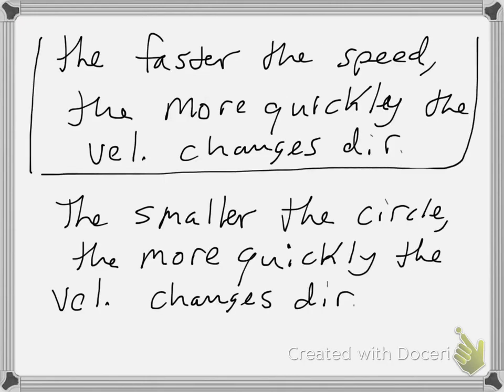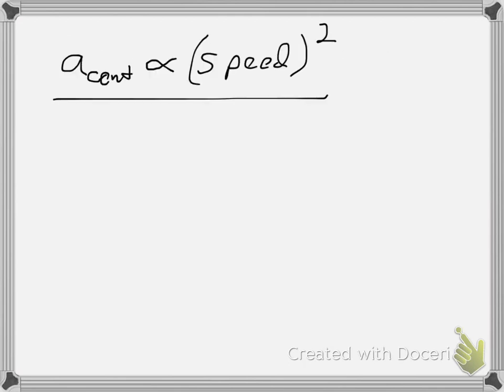That the faster the speed, the more quickly the velocity changes direction, or the higher the acceleration. So the faster the speed, well, the speed's always positive, so the square of that's always going to be positive. So the larger this number is, the larger the centripetal acceleration will be as well. So it's actually proportional to the square of the speed.